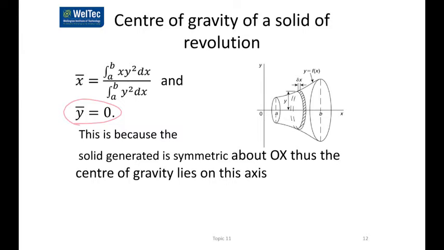Now, the text has a slightly different version from the one that we've got here, but if you just think about it, some texts say that this is the formula. But that's fine, because in actual fact, V is equal to pi times the integral, I should put a and b in there, of y squared.